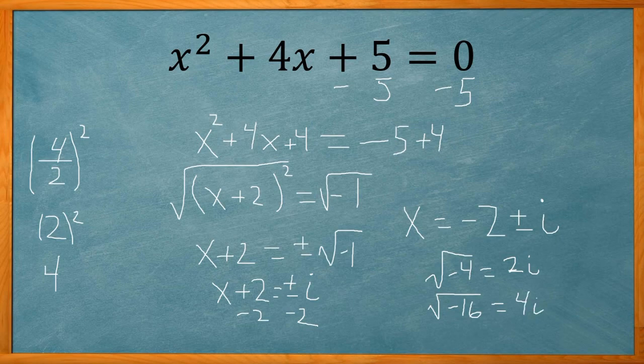So the square root of 16 is 4, and the square root of -1 gives you the i. So that's how that works. So the square root of -64: the square root of 64 is 8, and then the square root of the -1 gives you i.